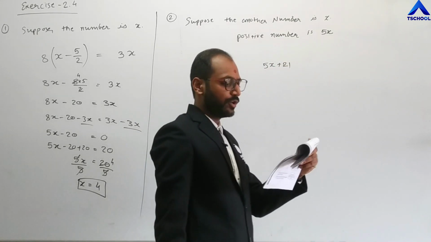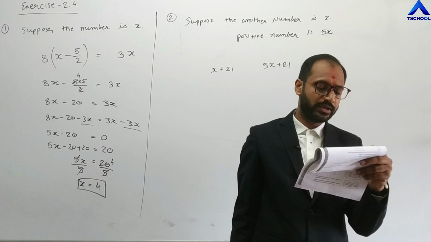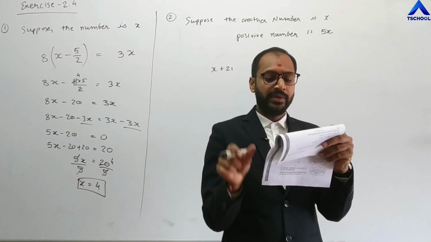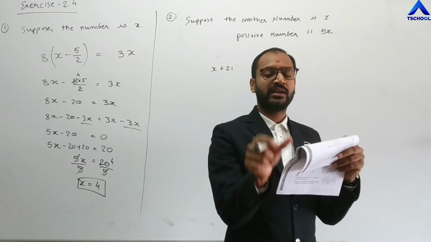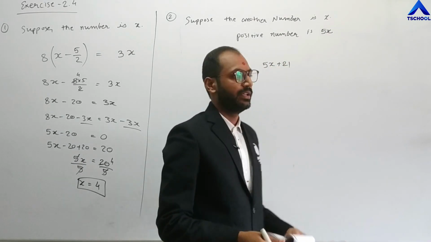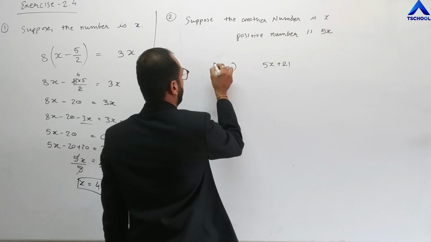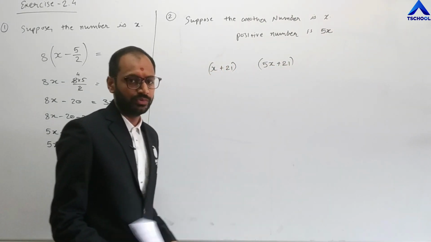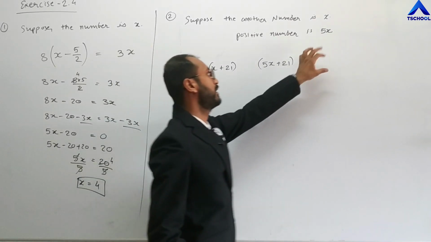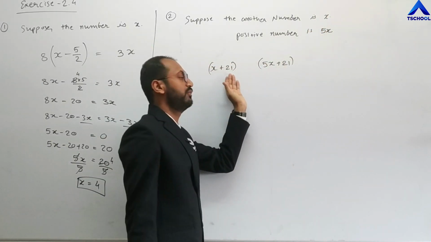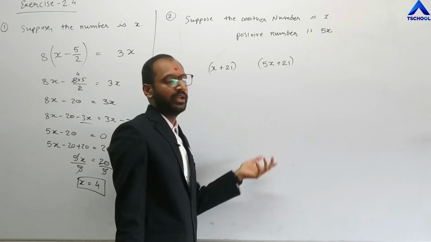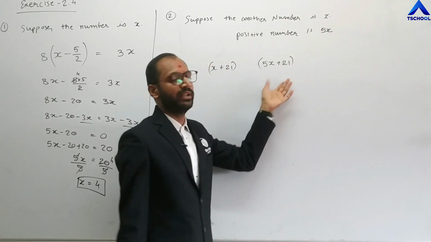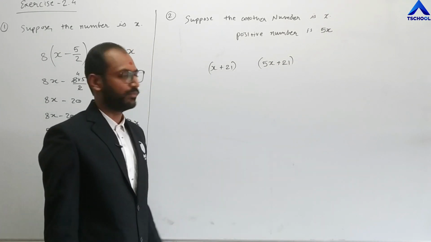If we add 21 to both the numbers, then one of the new numbers becomes twice the other new number. Now see, both numbers have now become new, because our assumption number is x and we added 21, that becomes the new number. Here the positive number is 5x, we added 21, that gives the new number. Both are new numbers.